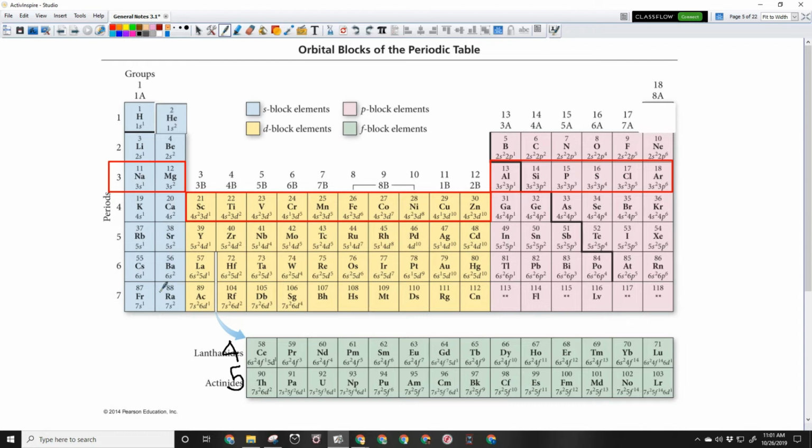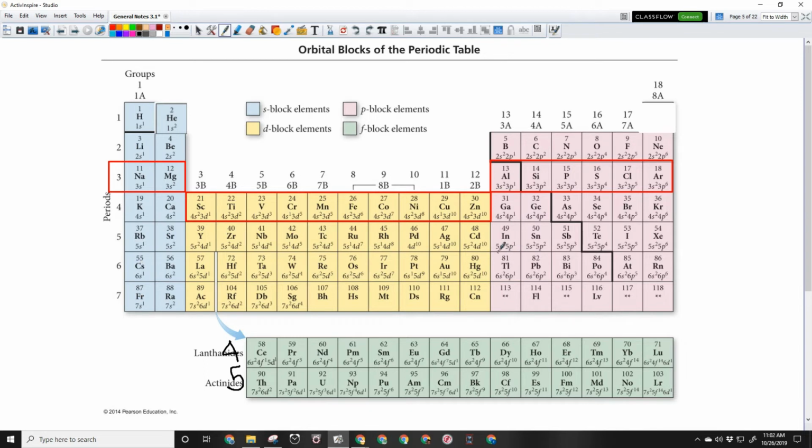Because if we were doing the electron configuration for something like francium down here, it would be 1s2, 2s2, 2p6, 3s2, 3p6, 4s2, 3d10, 4p6, 5s2, 4d10, 5p6, 6s2, 5d10, 6p6, and then finally 7s1. That's a very long configuration.